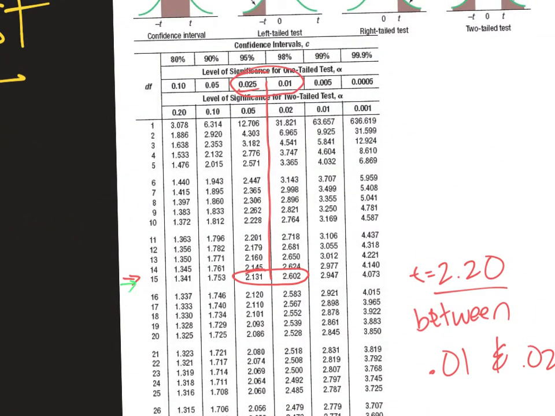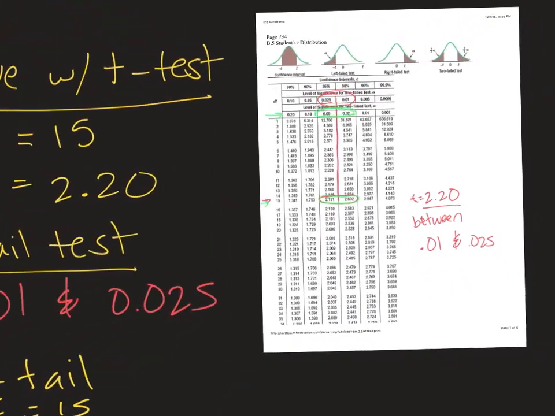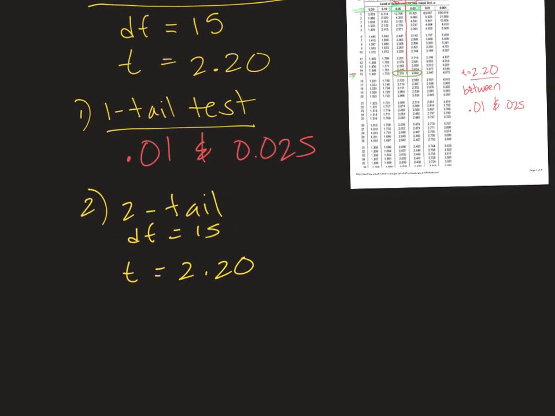With 15 degrees of freedom, that 2.2 is between those two values, but in this case we're going to the row of the two-tailed test, and notice it's double what we got previously. The p-value for the two-tailed test is between 0.02 and 0.05.